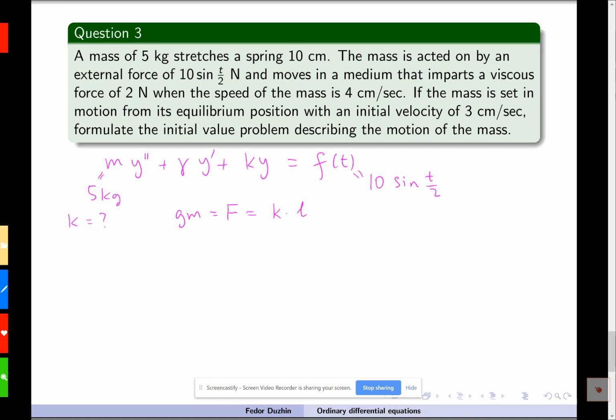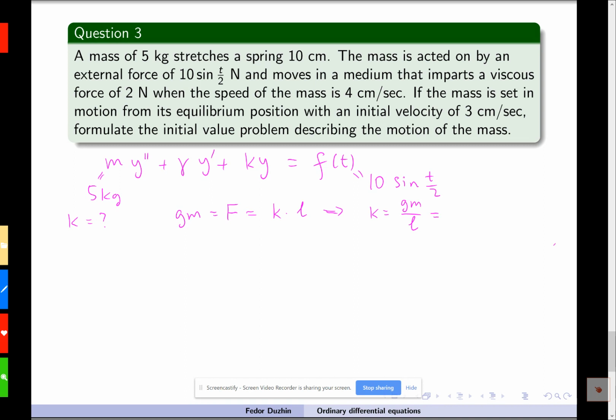Balancing the forces, we get g m equals k L, and from here k equals g m over L. This was actually in the lecture, so I'm just repeating the same argument.